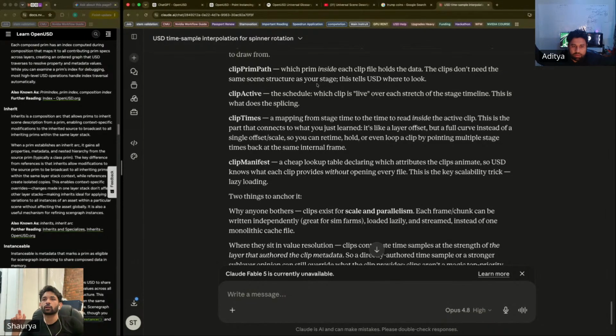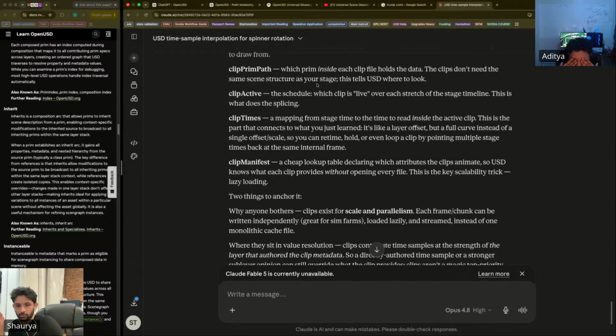Imagine, for example, that we have an animated car. From time 0 to 10 we want the car to appear red. Imagine the color is coming from a different layer.